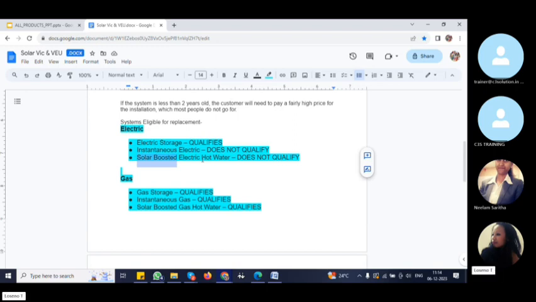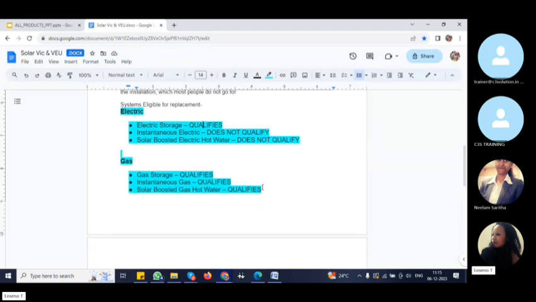It depends on the customer, if they say it's going to cost me a lot or I don't want to go through all these hassles, just tell them, in that case, it's unfortunate that we won't be able to upgrade it for you. Just let it go. But if they don't have any boosters, they just have the electric storage tank, then go ahead and qualify. Ask them the rest of the questions and qualify the customer for the upgrade.